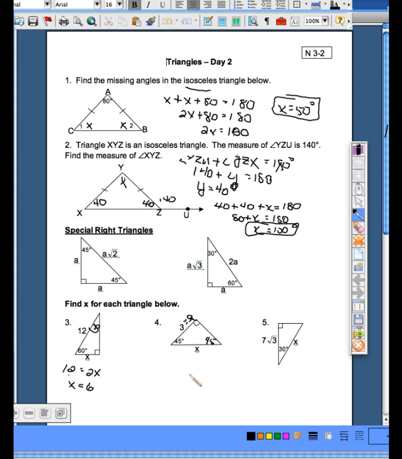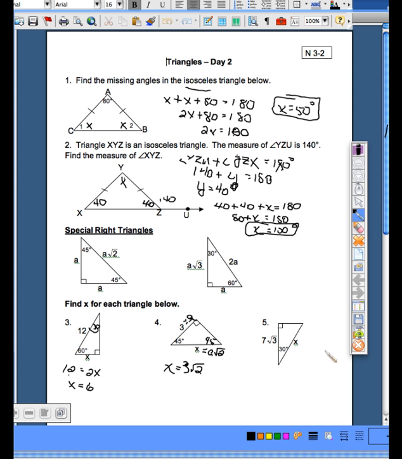And this side is a times the square root of 2, because it's the hypotenuse. If a is 3, then x here is equal to 3 times the square root of 2.